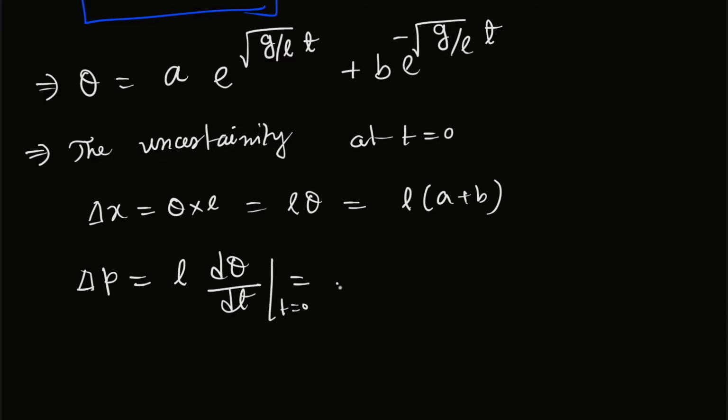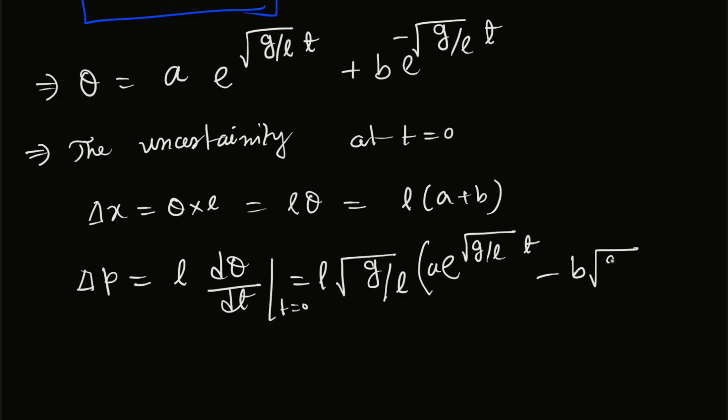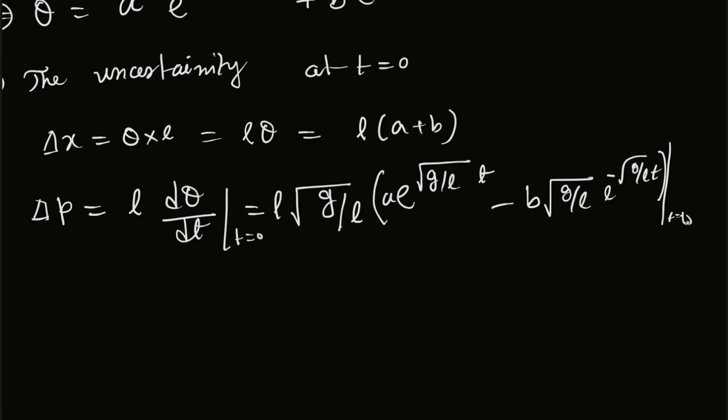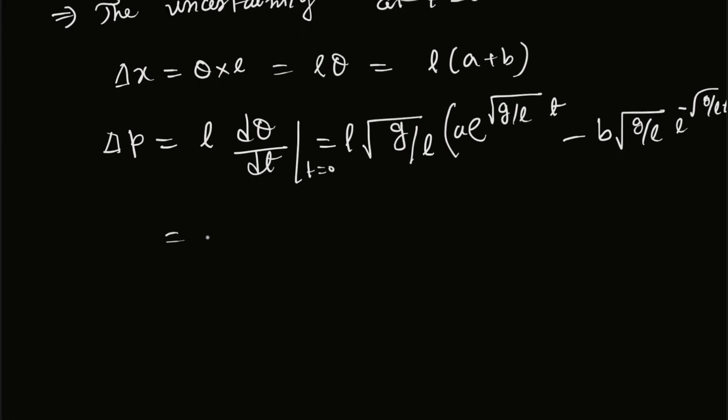That will give √(g/L) A e to the power √(g/L) t minus B √(g/L) e to the power −√(g/L) t, at t equal to 0, which will give L √(g/L) (A − B).